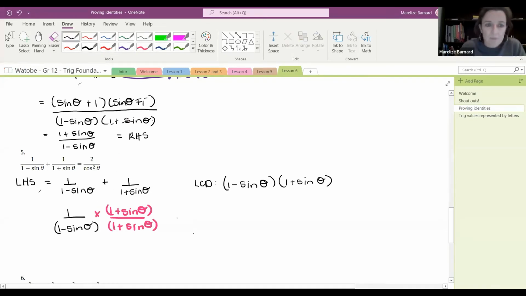Okay. And this term, to get the LCD to be 1 minus sine theta, 1 plus sine theta, we're going to multiply with what's missing, which is 1 minus sine theta. What I do at the bottom, I must do at the top. Not 1 plus, 1 minus.